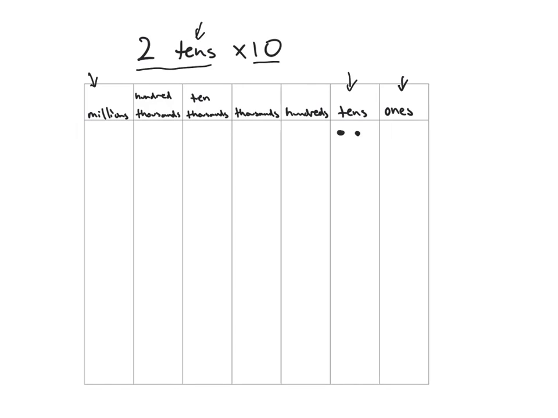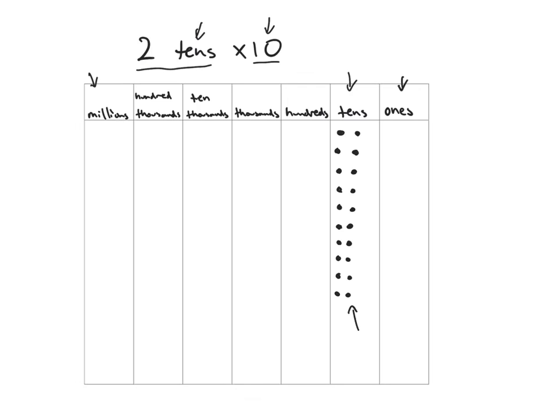Now, when I am multiplying two tens by 10, what I'm essentially doing is making 10 copies of those two tens. So I can do that with my discs. There's 4, there's 5 copies, 6 copies, 7, 8, 9, 10. But we've kind of run into a problem here because we have too many tens in the tens place.